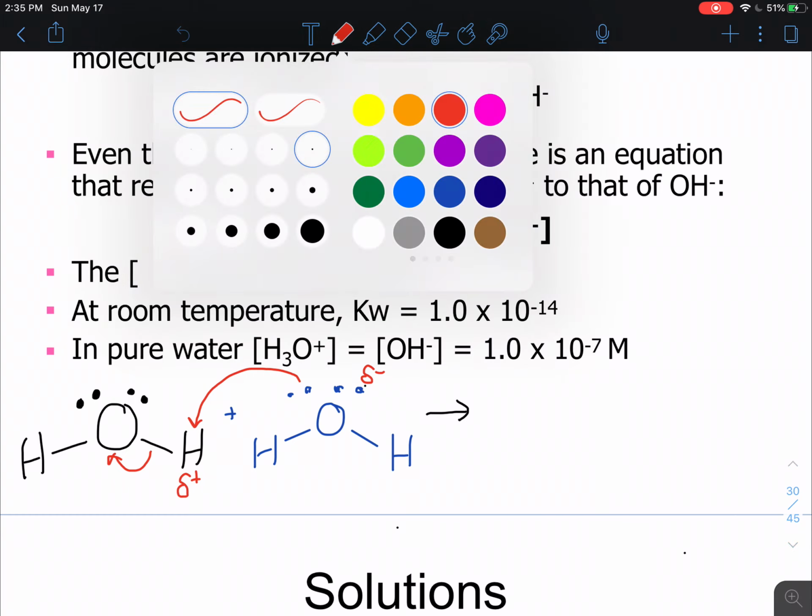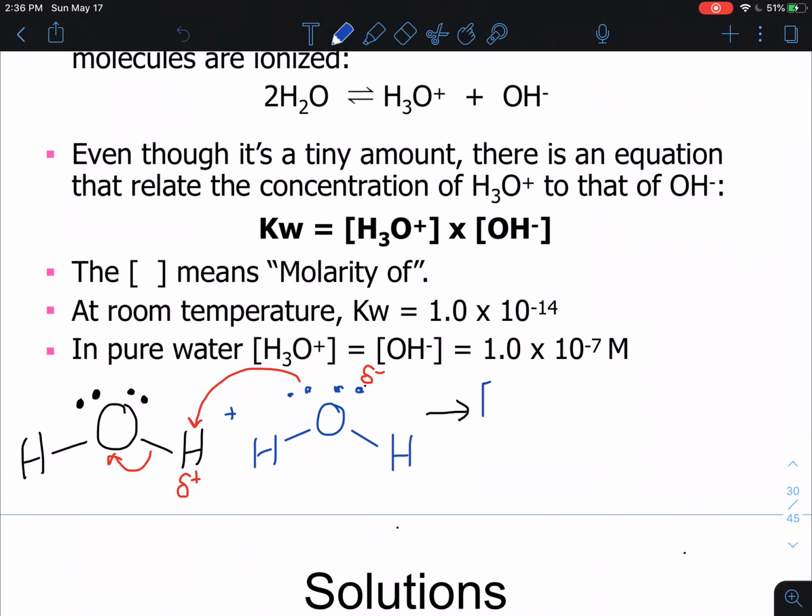And what ends up happening is we end up forming H3O plus.